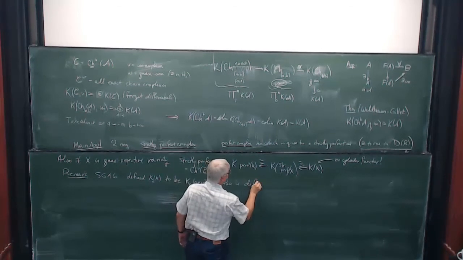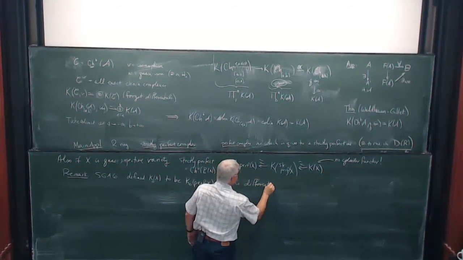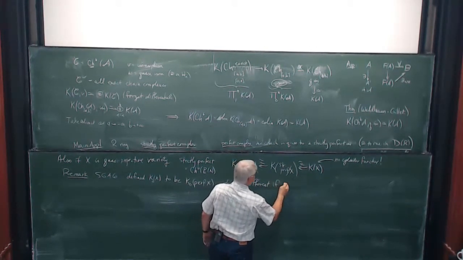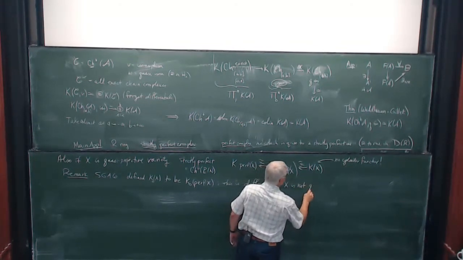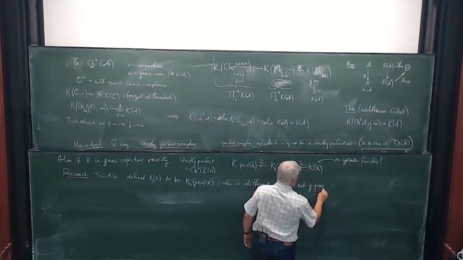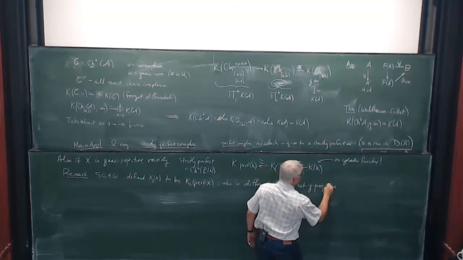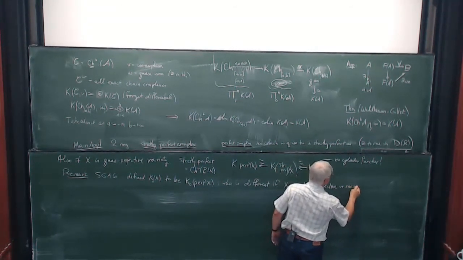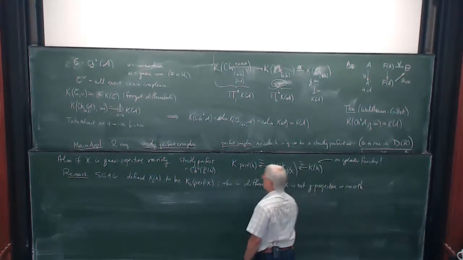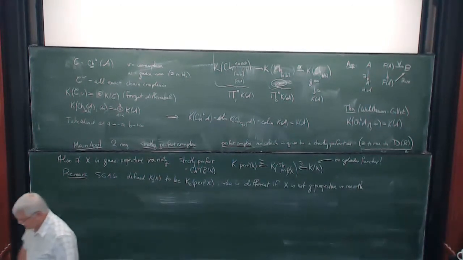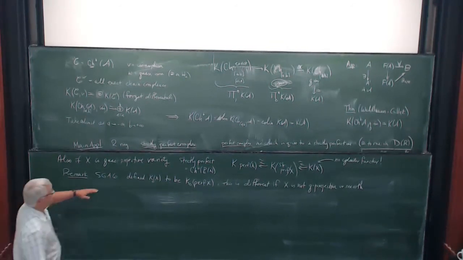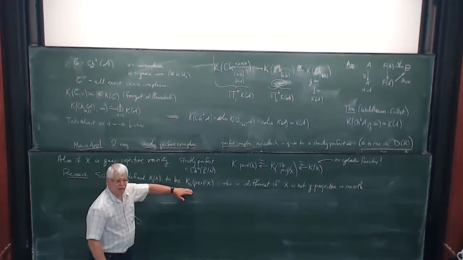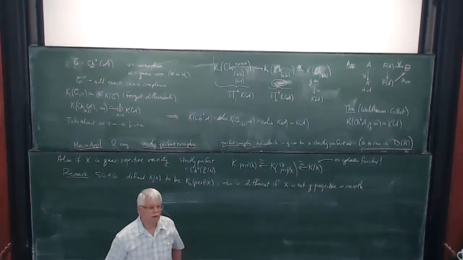And the point is that this is different if X is not quasi-projective or smooth. So I don't want to go into the technical details of this, but the point is that Grothendieck recognized back in the 1960s that this was already an issue.